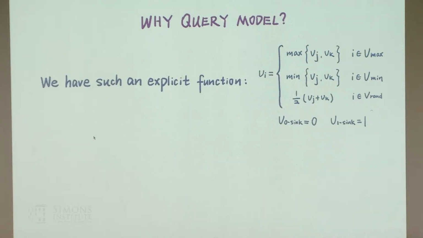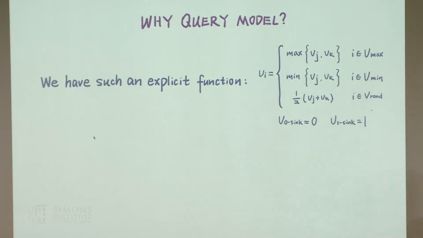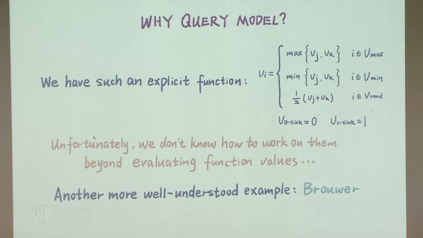So you may ask why we study this query model, because it's reasonable to ask, since we have such explicit functions, just the max, mean, and linear equations. But the problem is that we just don't know how to work on them, even if it's explicit, beyond evaluating the function values.